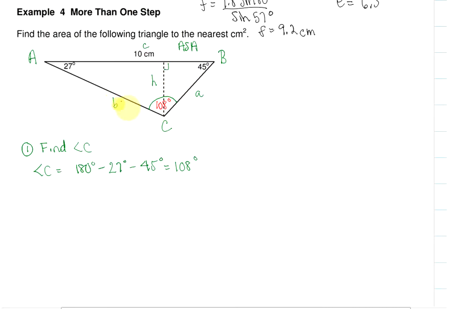The other way I could do that is to find side B and then use this triangle to find side H by using SOHCAHTOA again, okay?